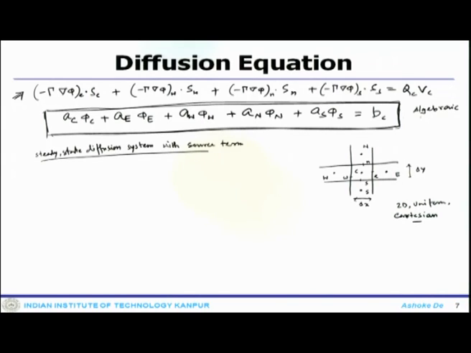algebraic equation. So, what we have done so far is considered one 2D Cartesian grid, and one interior element inside that grid, and discretized the steady state heat transfer equation, or the diffusion equation, and obtained this algebraic system.